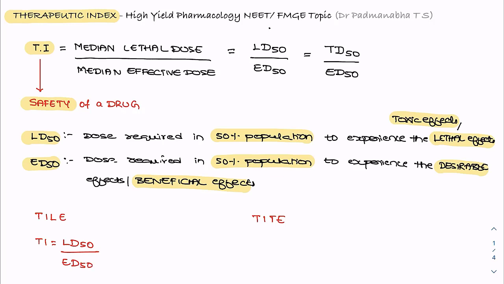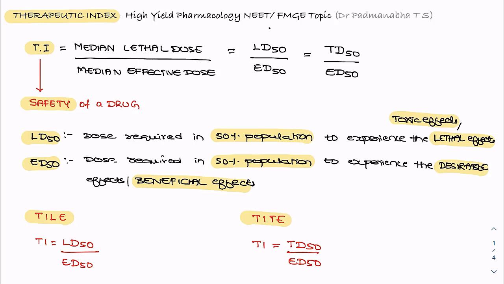One more mnemonic is TITE. TI stands for therapeutic index and T stands for the toxic dose in 50% of the population divided by the effective dose in 50% of the population. So you need to remember this, that is the TILE and the TITE.